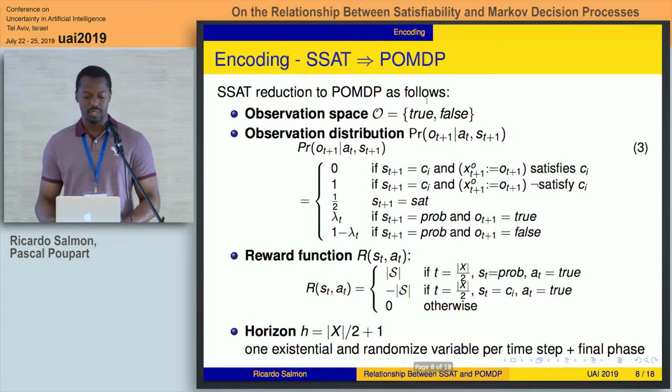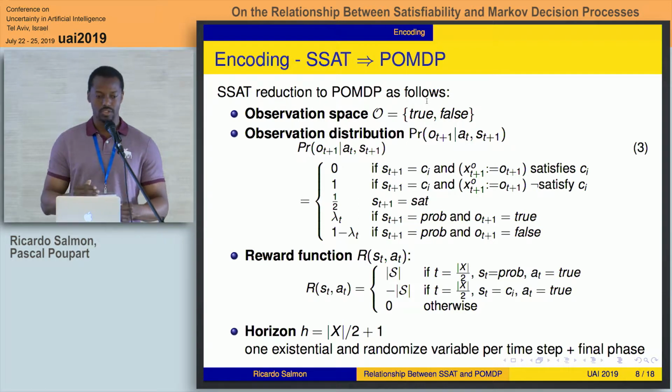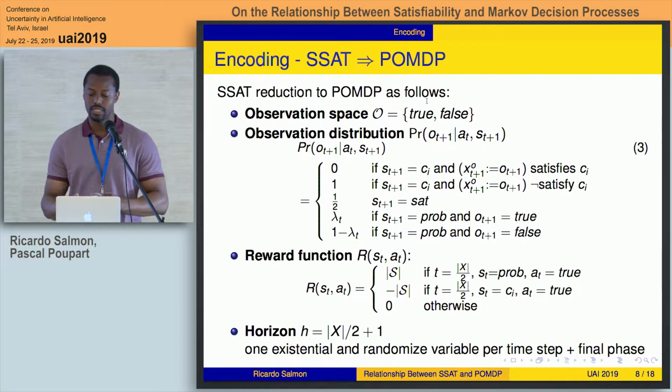Similarly for the observation distribution, you receive a particular observation at each time step, which corresponds to sampling from the observation distribution in stochastic SAT. We want to do something similar for the transition function, but you cannot move probability mass directly.